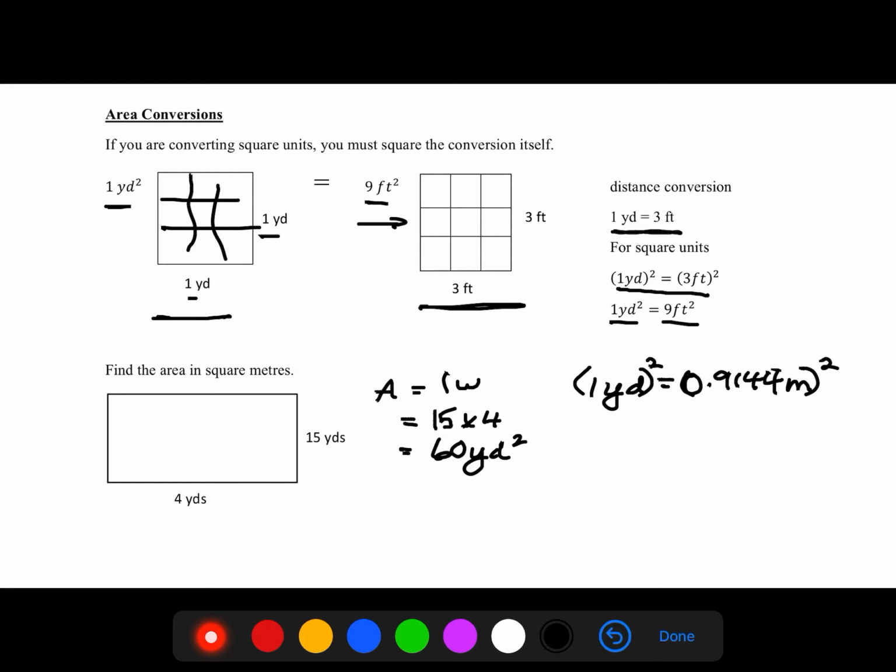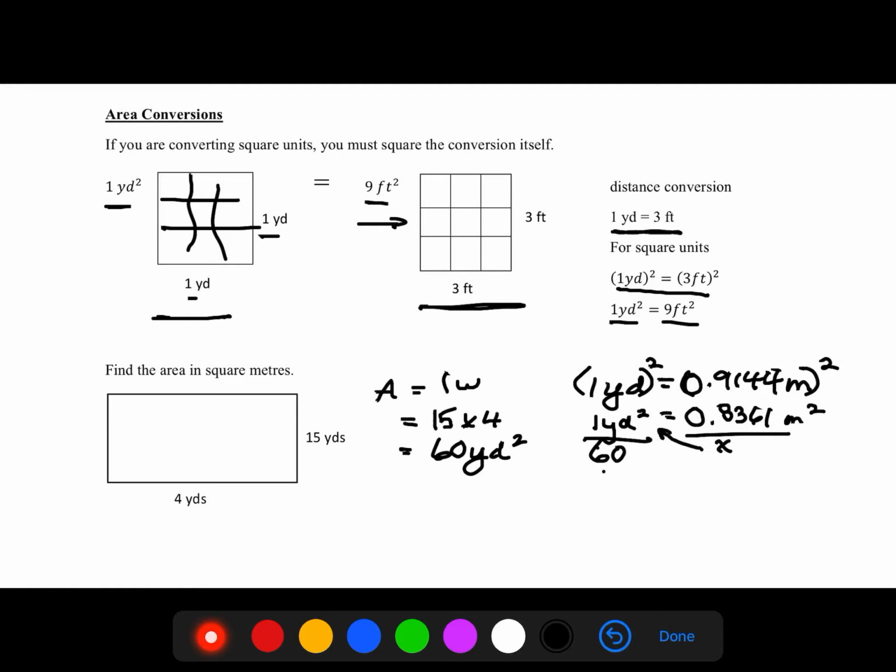But we need to square it because we're talking about square yards to square meters. So 1 yard times 1 yard is 1 square yard. 0.9144 times 0.9144 gives us 0.8361 square meters.